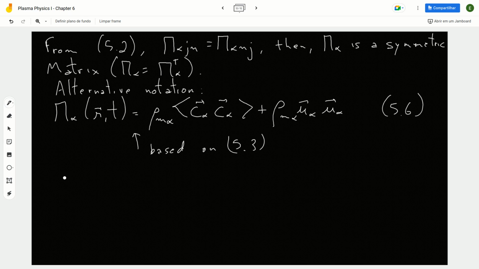Now let's introduce another tensor, the pressure tensor or pressure dyad. This is section 6, the pressure dyad or second order tensor. Well, what is a pressure? A gas pressure is the force per unit area done by the gas molecules through collisions with the walls of a box.